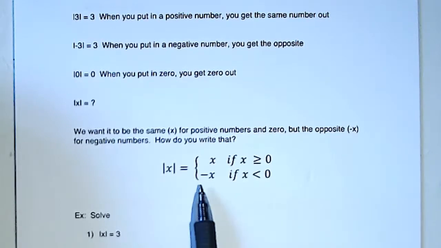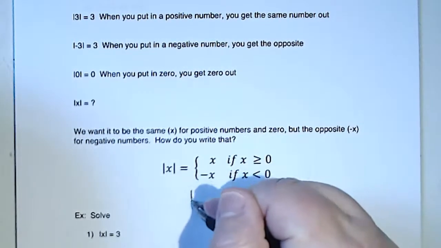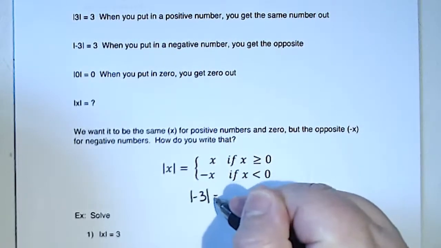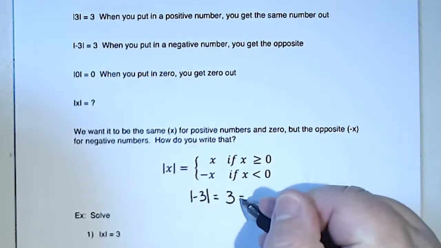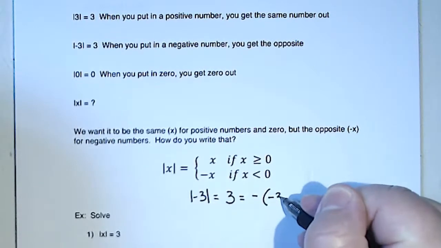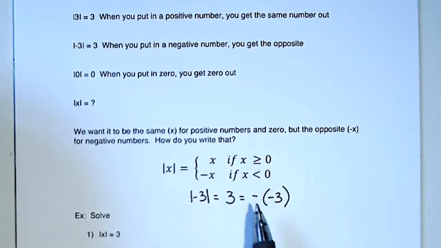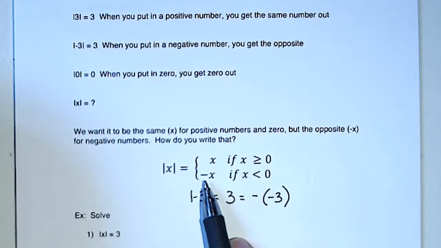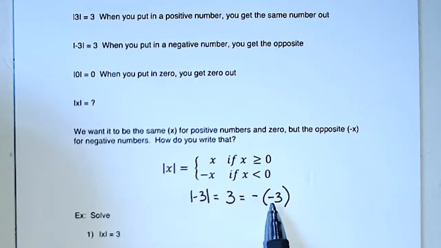And I'm going to say, no, the absolute value of -3 equals 3, which is the opposite of -3. So it's kind of weird. We're saying put another minus on it so that they cancel out and becomes a positive.